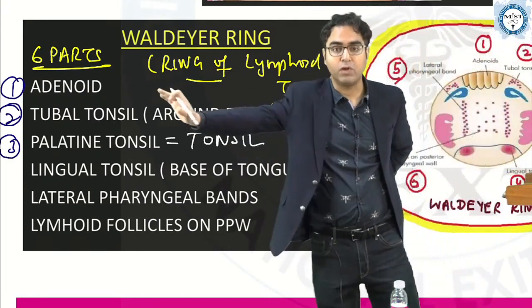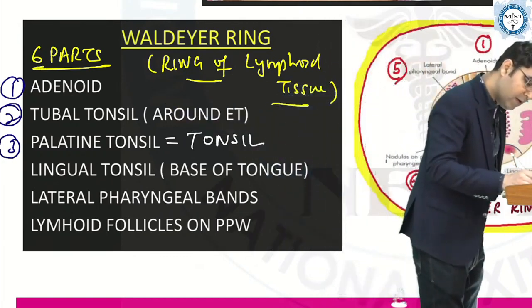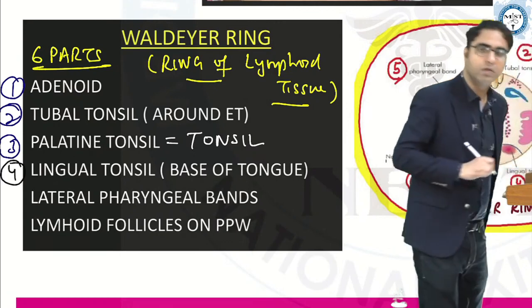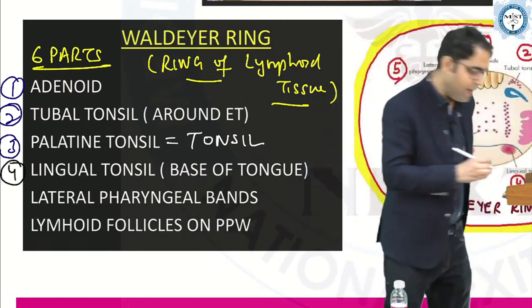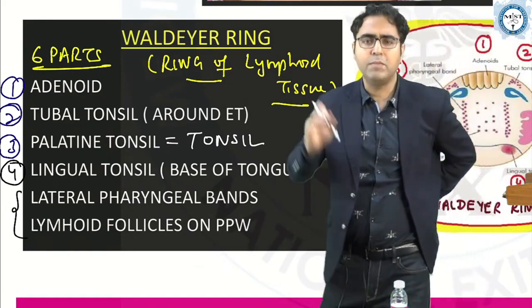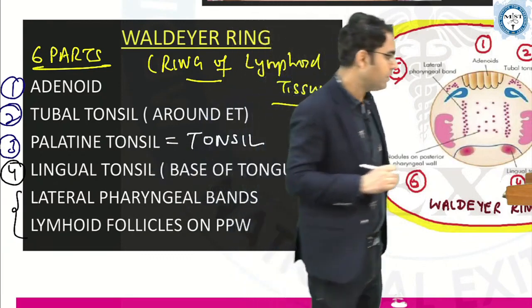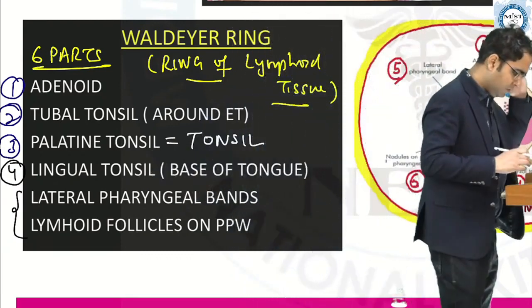Even adenoid is a type of tonsil. Then number 4, lingual tonsil. Even the tongue has some lymphoid tissue called lingual tonsil. Numbers 5 and 6 are minor parts: some lateral pharyngeal bands, and some lymphoid follicles on the posterior pharyngeal wall.